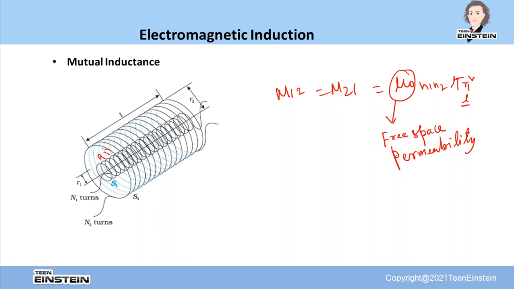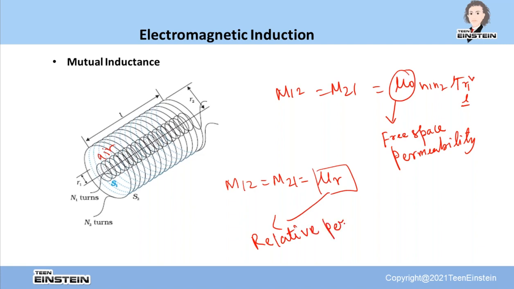So that means there is air in between. If you have some material, then you need to multiply by the relative permeability of that material. So you have to just multiply the relative permeability. This is the change you have to do.